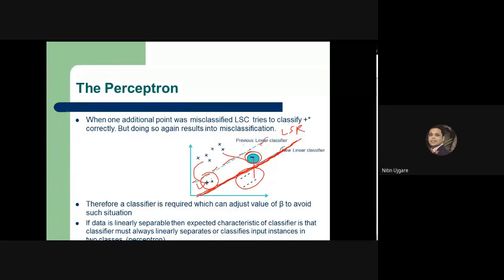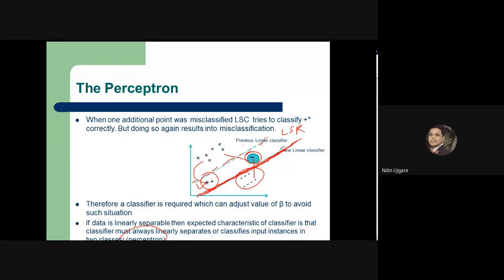Okay, so the classifier which we are going to construct for linearly separable data is called the perceptron. So what is a perceptron? A perceptron is a classifier which has the ability to update its coefficient vector, or weight vector, beta.